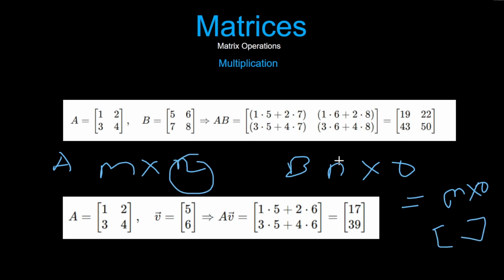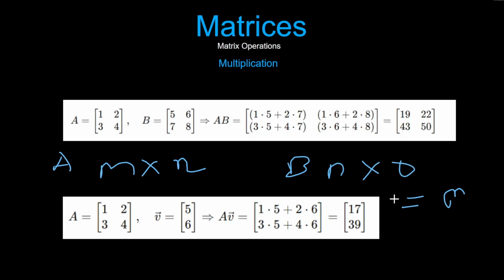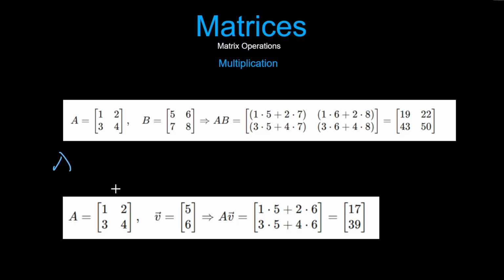Because the n are matching, that is, the first matrix has the same number of columns as the second matrix rows, the resultant matrix will have m times o shape. So let's see how the multiplication works here.